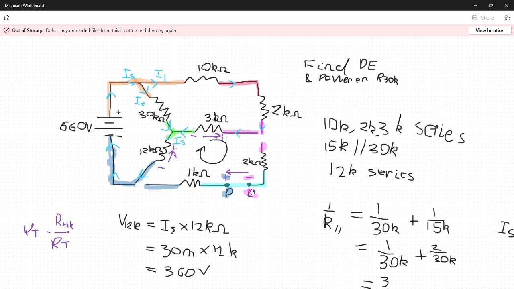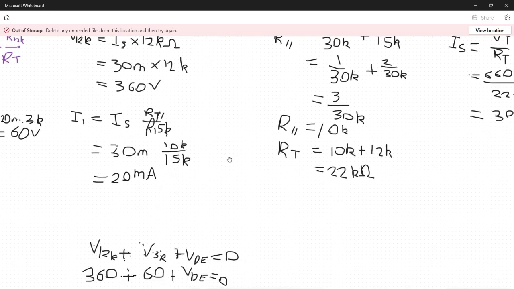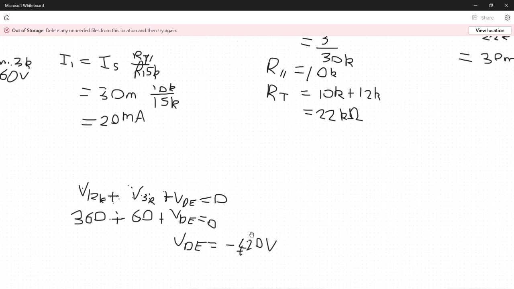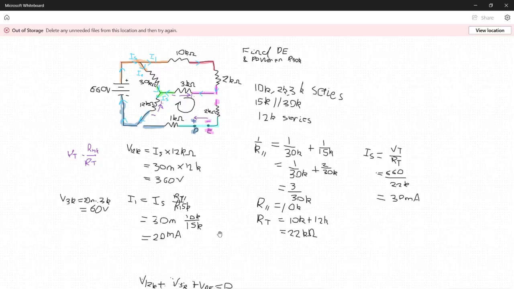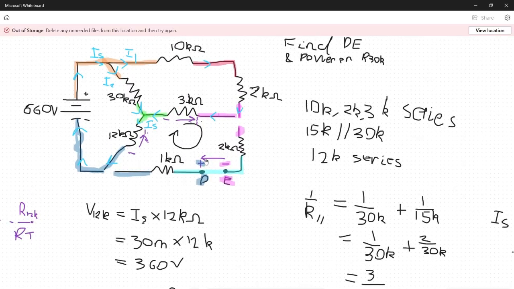So E should have the higher potential than D, so this arrow should be swapped. But because we took D to be the positive, this answer is going to have a negative value. Once again, this negative means that this arrow is flipped, which means this arrow goes against the direction of the loop.